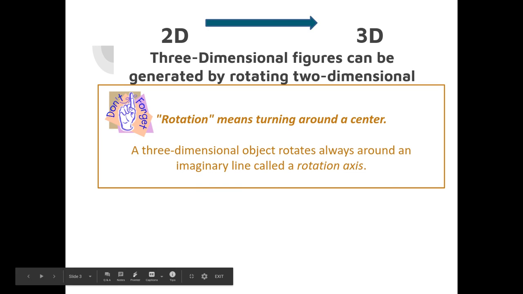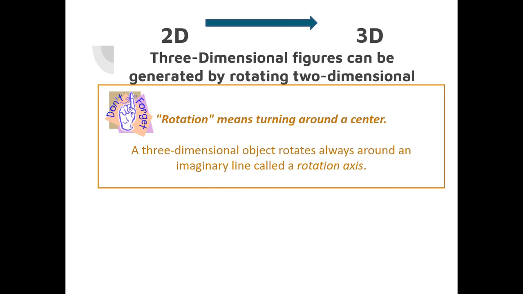Okay, so let's talk about how we take a two-dimensional figure and actually do a rotation to get a 3D solid. When we say rotation, remember that you have to turn about a center, and you also have to have what we call an axis of rotation, a rotational axis.